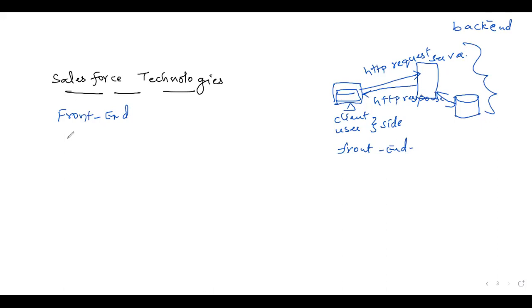Now, front end technologies, what we can say as user interface, what we have. Generally, for developing web applications, the front end can be done with the help of HTML, which is used for developing static web pages, and JavaScript, which is used for dynamic behavior or to validate the fields.